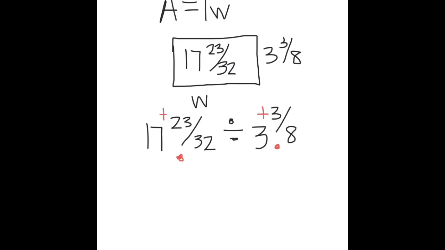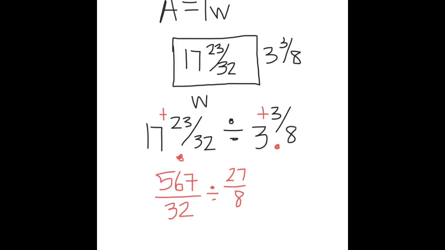So 17 times 32 is 544, plus 23 is 567. So this is 567 over 32 divided by 8 times 3 is 24, plus 3 is 27 over 8.